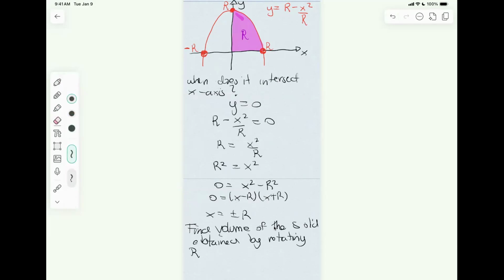Oh, I should not have used the letter R because that was already used for something different here. So I'll call it S because I ran out of letters. Just because R I'm already using in the problem for something else.